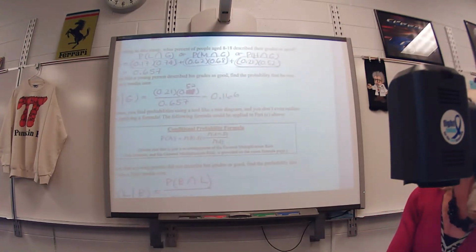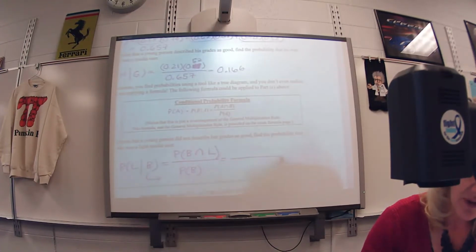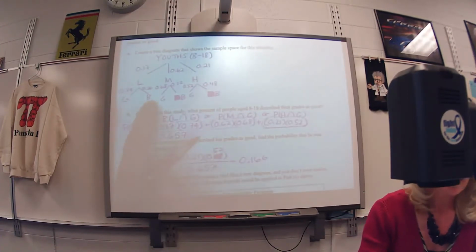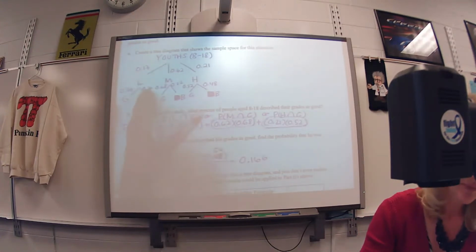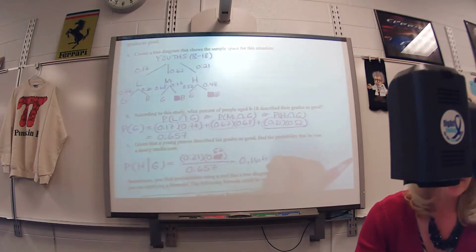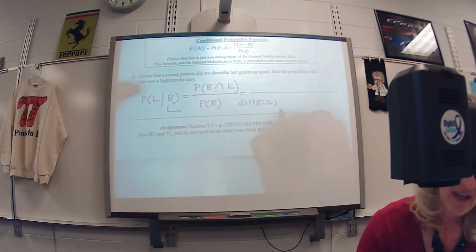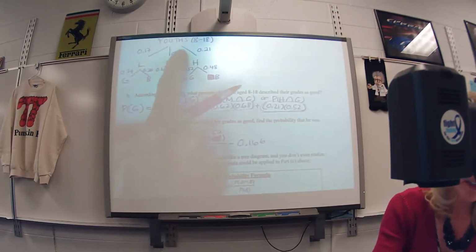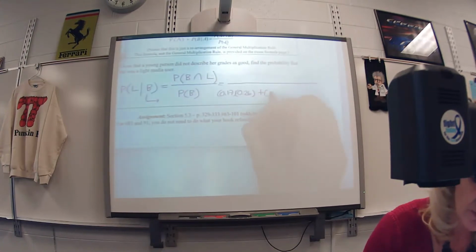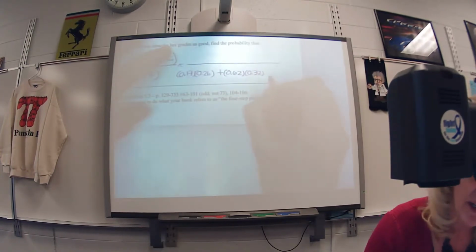So if I want all the people who said their grades were bad, it's this trail, added to this trail, added to this trail. So it's going to be the 0.17 times the 0.26, added to the 0.62 times 0.32, added to the 0.21 times the 0.48.